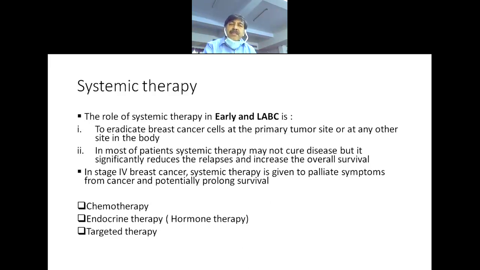In early breast cancer, this is given to eradicate the breast cancer cells at the primary site as well as micrometastasis in the circulation, because cancer breast is considered a systemic disease from the very beginning. Even if the size of the tumor is just 1 centimeter or even smaller than that, it has been seen that cancer cells are already circulating in the circulation.